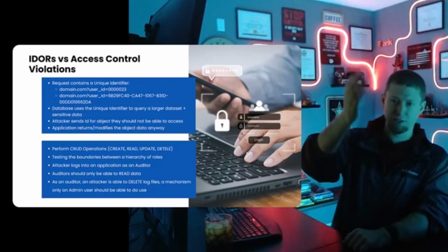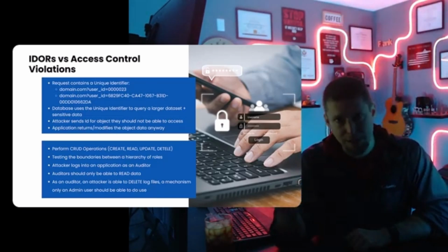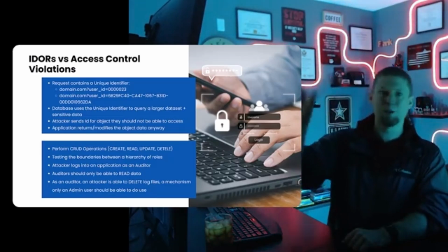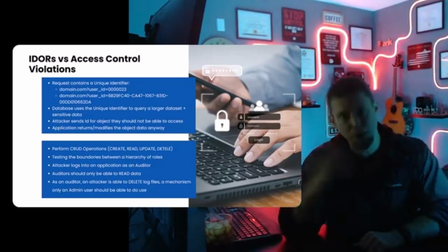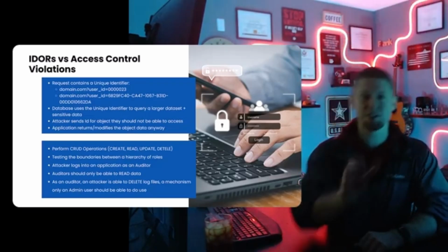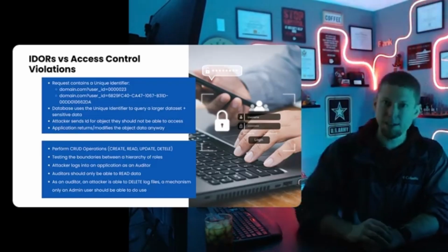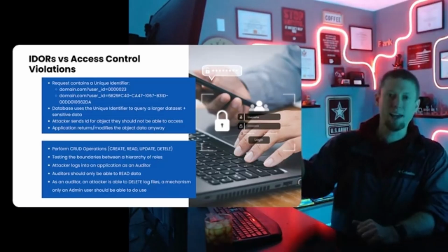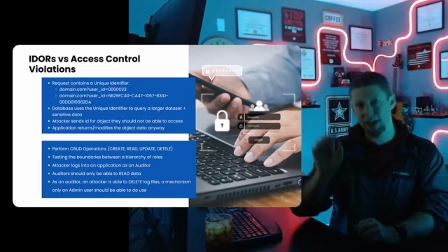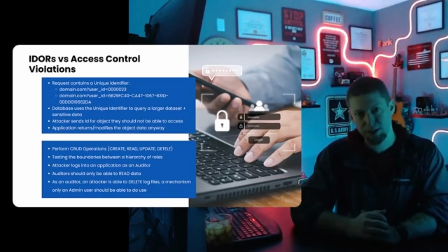That could be just a sequence number 1, 2, 3, 4, 5, etc. Typically in modern applications, it's going to be like an object ID or a GUID or something a little bit more complex. But ultimately what the application does is it's taking that unique identifier and it is querying a larger data set from the database, and that larger data set should contain some type of sensitive data. That is the attack vector that we're looking for in the application to find an indirect object reference.